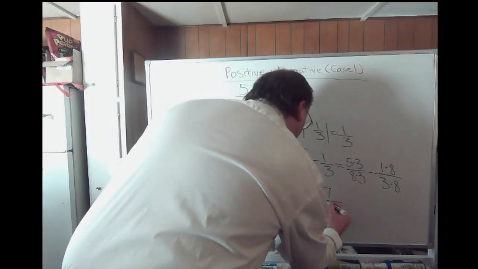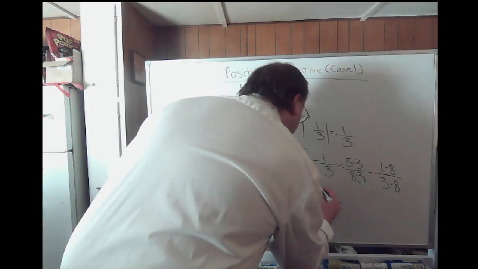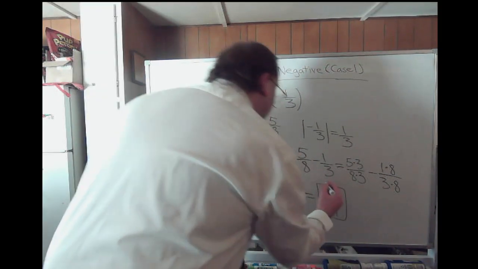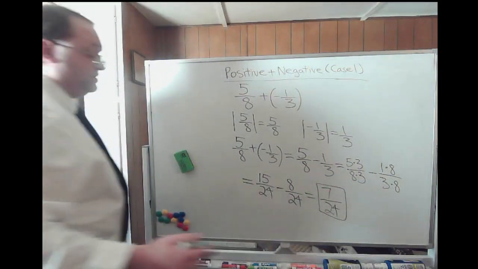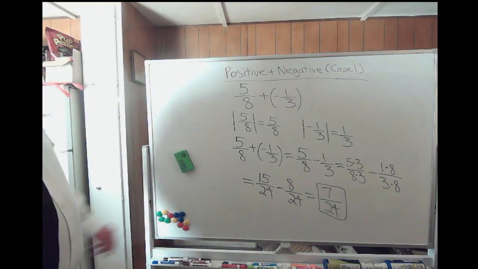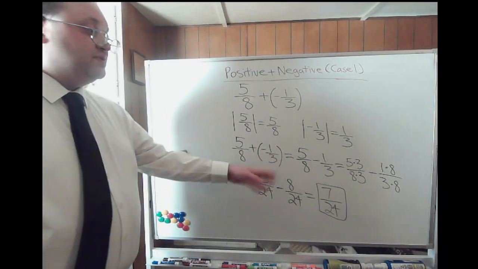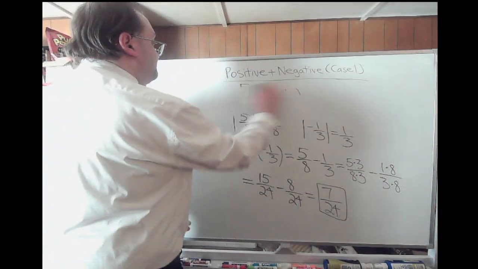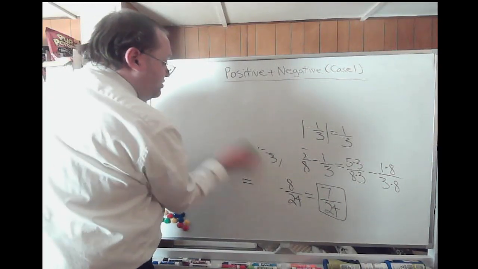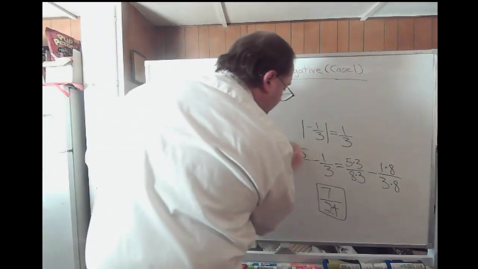And 7 and 24 do not factor any further since they don't have any factors in common. So your answer would be 7 24ths. So you see, we took this problem and turned it into a simple subtraction problem. Okay. And you could do this endlessly, okay?